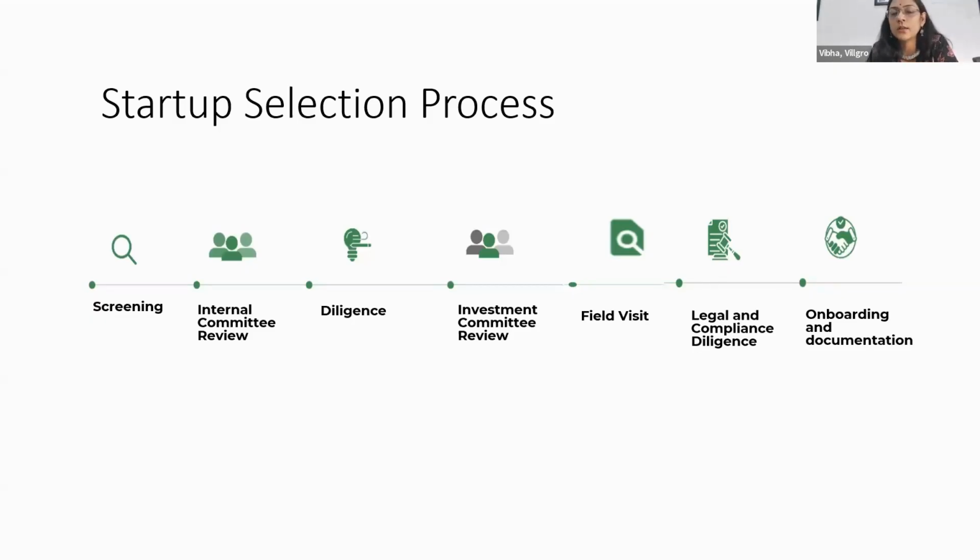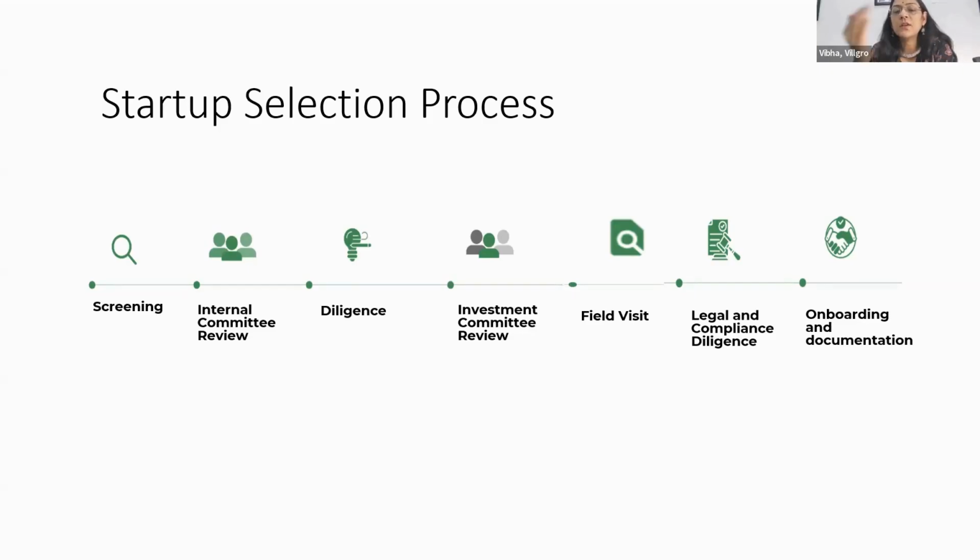maybe 30 to the internal committee, where we have certain sector leads or technical experts who are present in that meeting and who will give their views, saying, in this particular area, this is what we need to explore more. So we take all of those inputs and do a further diligence on the organization and then present it to an external investment committee, which will say, yes, out of these maybe 20, 10 are ready to go to the next stage.